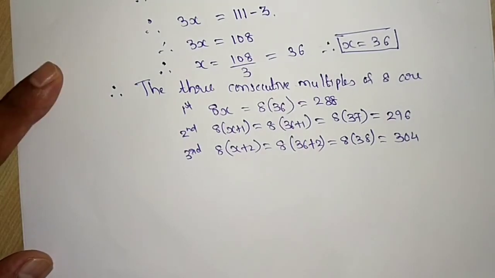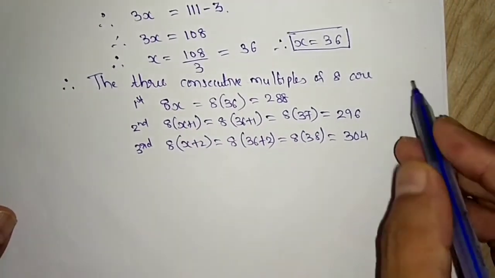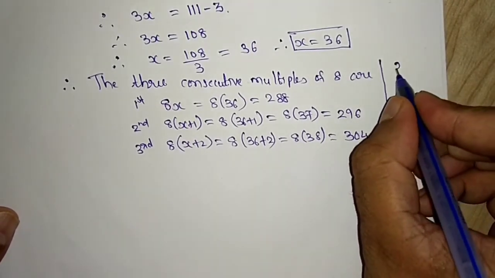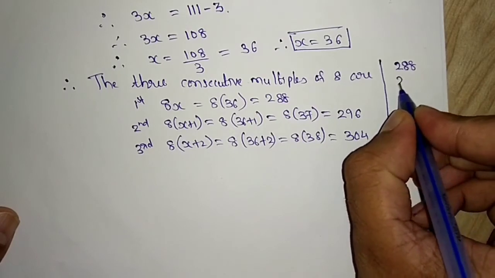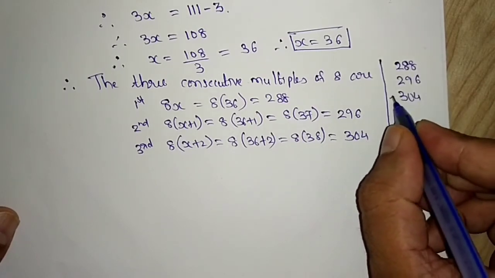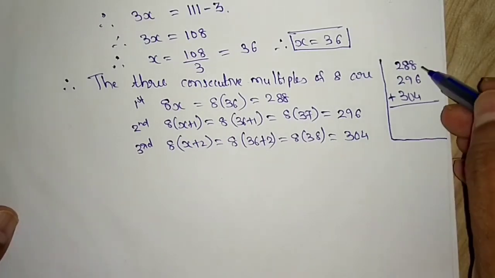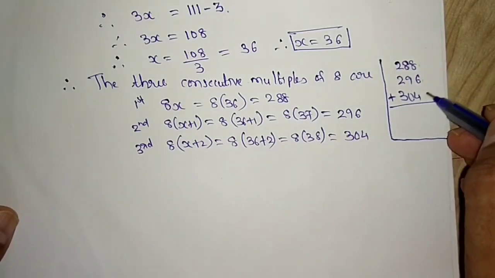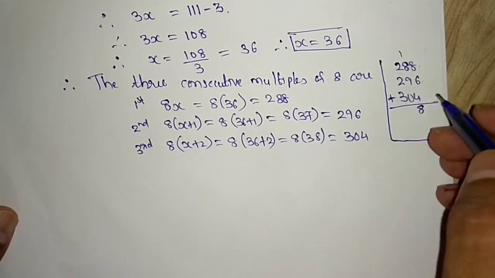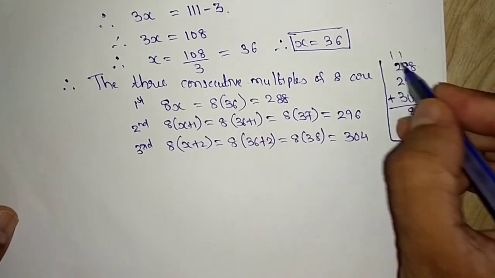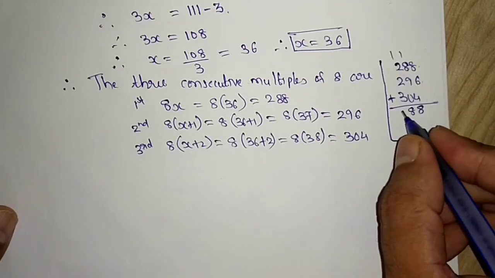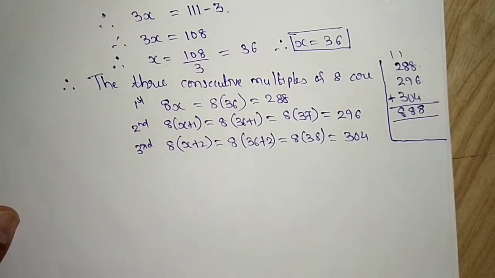Now let us check if our answer is right with the hint they have given. 288 plus 296 plus 304. We will add them up. 8 plus 6 is 14, plus 4 is 18, 8 and 1 carry. 9 plus 1 is 10, plus 8 is 18, 8 and 1 carry. 3 plus 2 is 5, plus 2 is 7, plus 1 is 8. So 888.